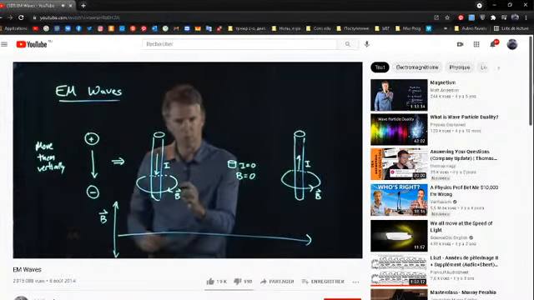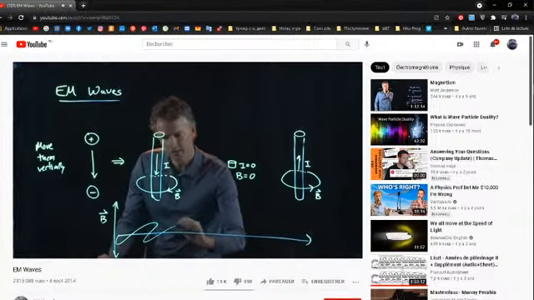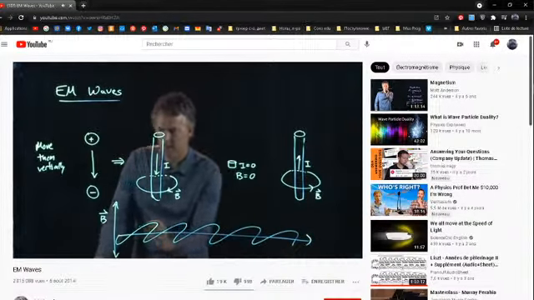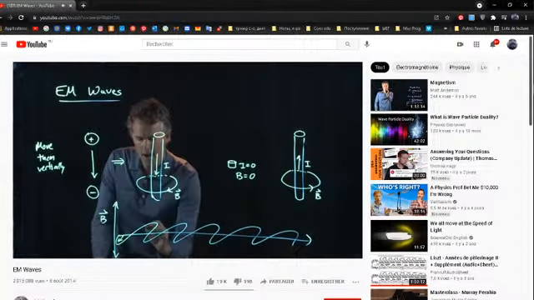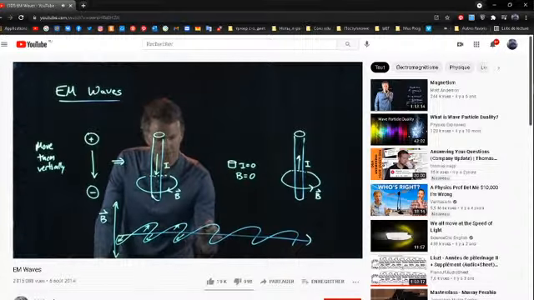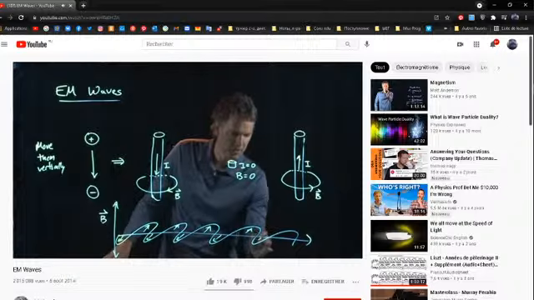If I think about just one side of this, B is now going to be like this. Okay? And this is supposed to be coming out of the screen and into the screen over and over again. And we're trying to draw it in the third dimension here.